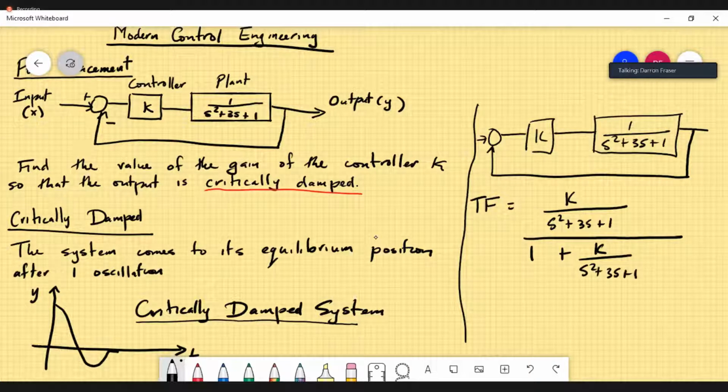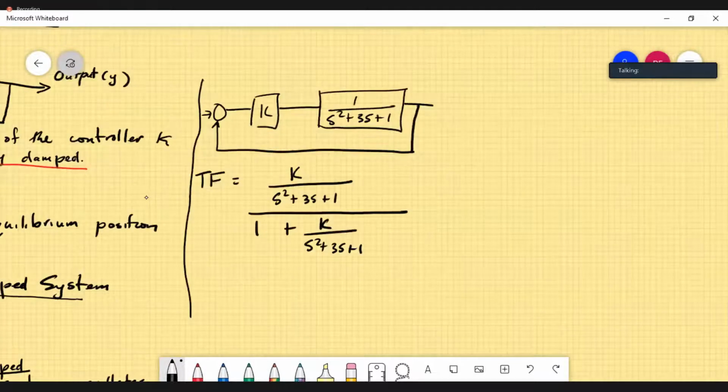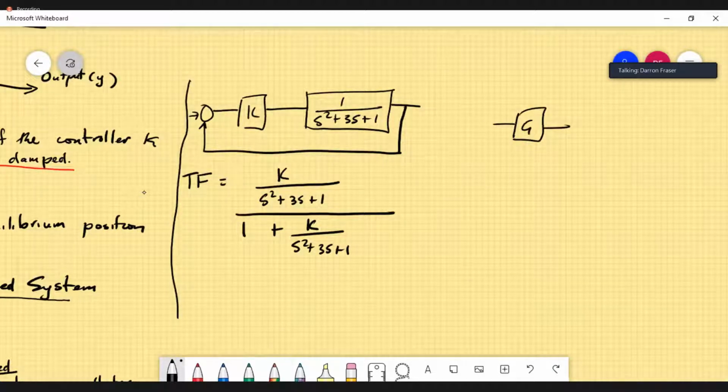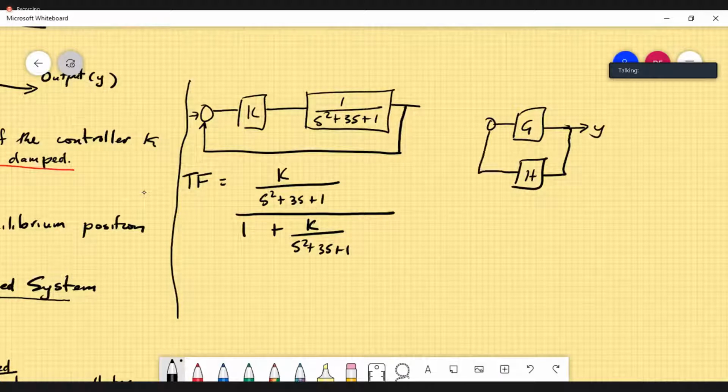All right, that comes from when we have G and we have H, then the transfer function is G over 1 plus GH. But in a unity gain system, H equals 1. So it's just G over 1 plus G.